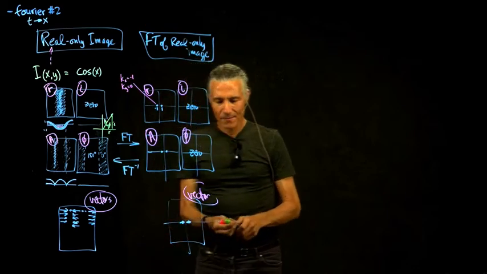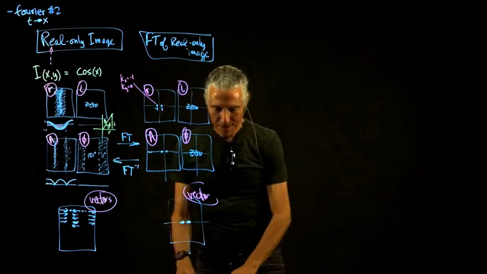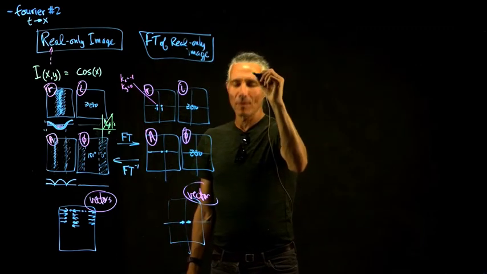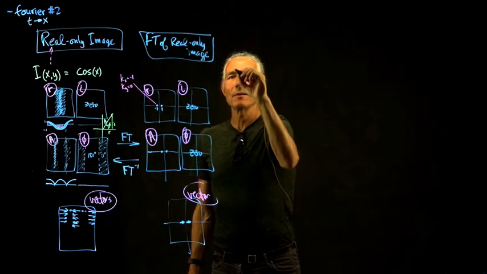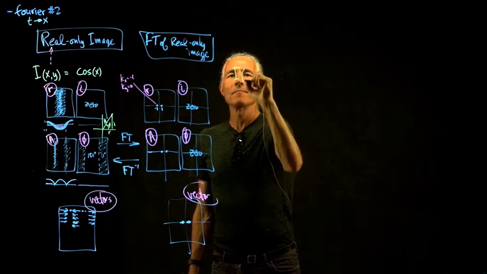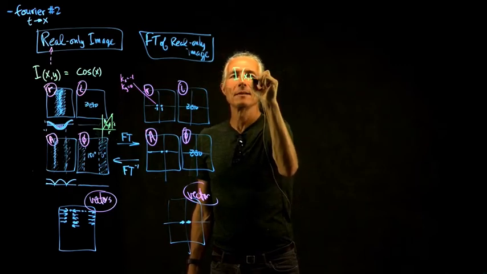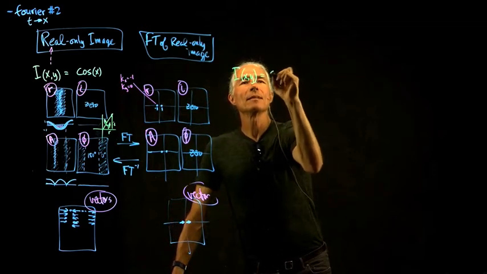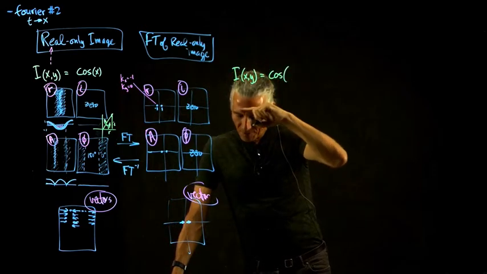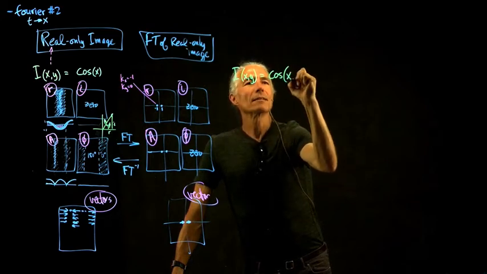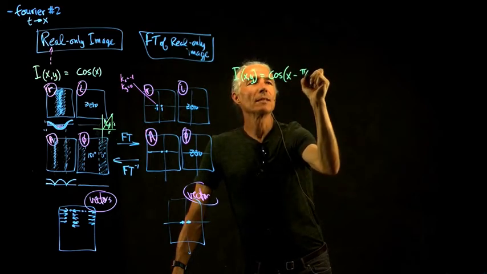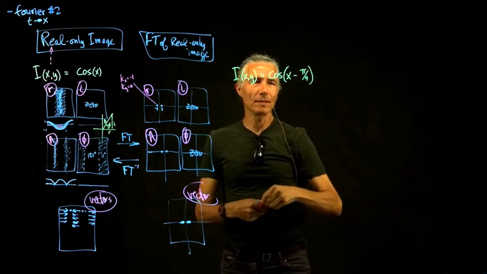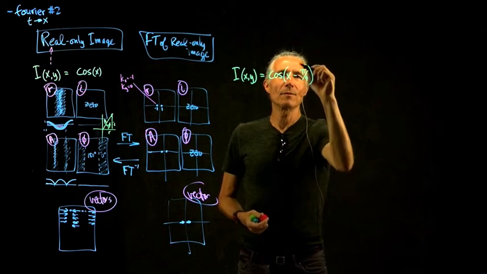And so the very first thing we could do is, what if we just add something to our image? So let's shift our image a little bit. Make our image equal to the cosine of x, but subtract off 45 degrees, that's pi over 4.